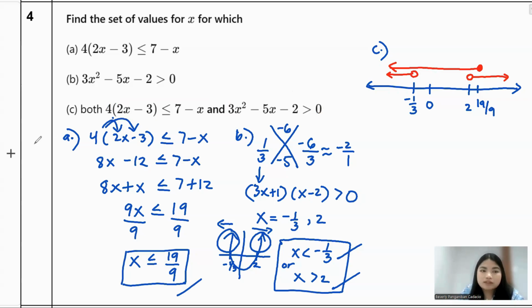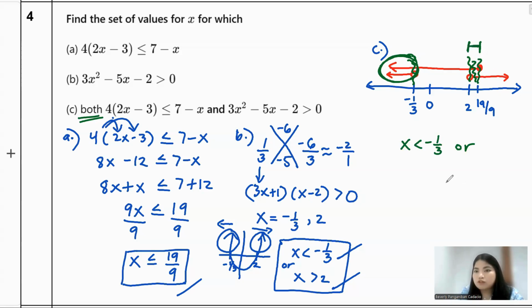So basically, the one that satisfies the equation is everything with the two lines. So from here, this part, and this part. This one, you will not consider because it's only a single line. You need to consider the one with both lines at the same time because it says both. So how do you write this part? That one means everything that is less than negative 1/3. And how about this portion, if you zoom in on this part?